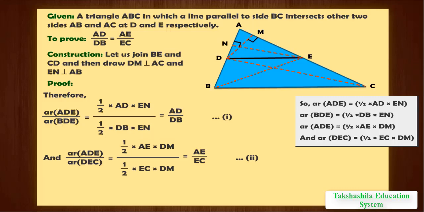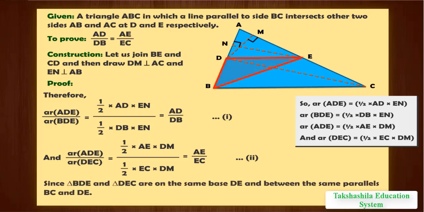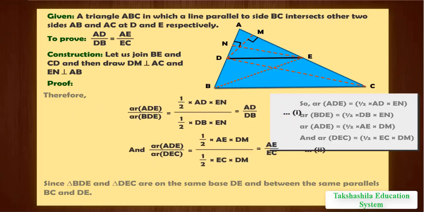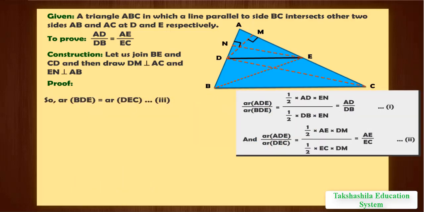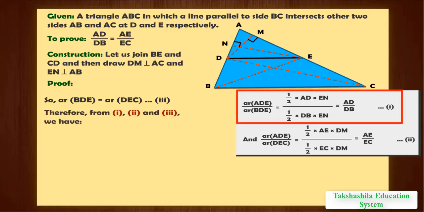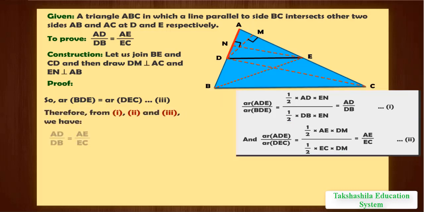This is equation 2. Since triangle BDE and triangle DEC are on the same base DE and between the same parallels BC and DE, so area BDE is equal to area DEC. This is equation 3. Therefore, from 1, 2 and 3, we have AD upon DB is equal to AE upon EC.